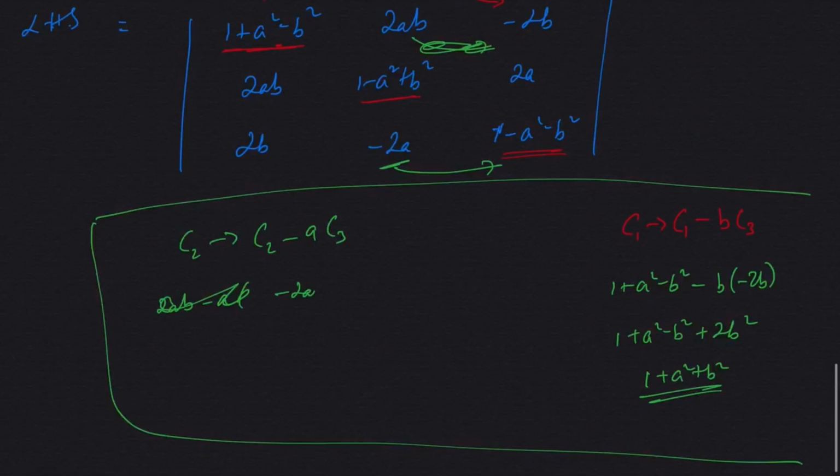So minus 2a minus a into 1 minus a square minus b square, we will do with this term.